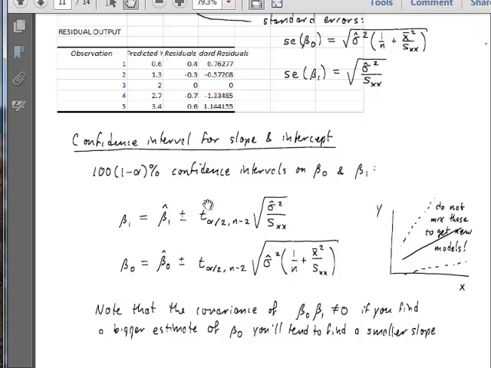So plus or minus this t statistic multiplied by our variance divided by our sample variance in x. So this variance in y over the variance in x. And this is our standard error for the beta 0. The corresponding t statistic here gives you a confidence interval on the actual value of beta 0 and how far it might be from the value that we estimated.